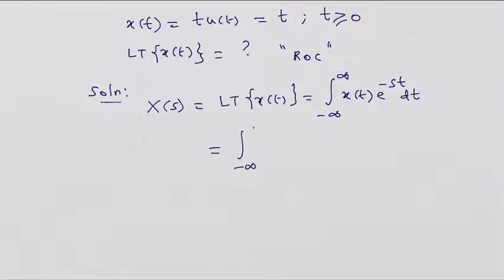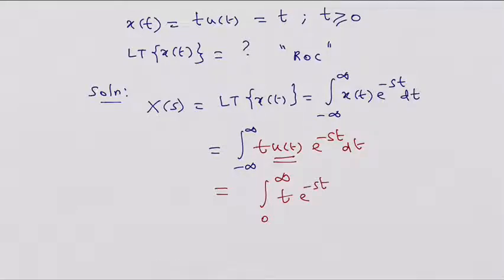It is the integral from minus infinity to plus infinity of t into u of t e power minus st dt. Since u of t is available here, as we mentioned earlier, you can simply reduce the limits to 0 to infinity of t into e power minus st dt. This is actually the Laplace transform of the given signal t u of t.